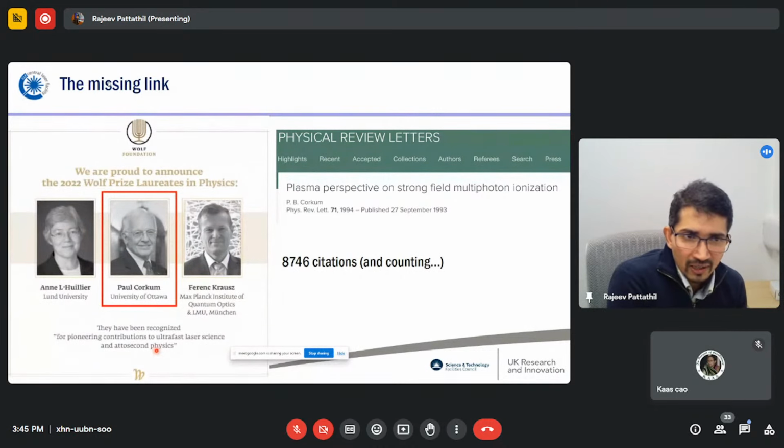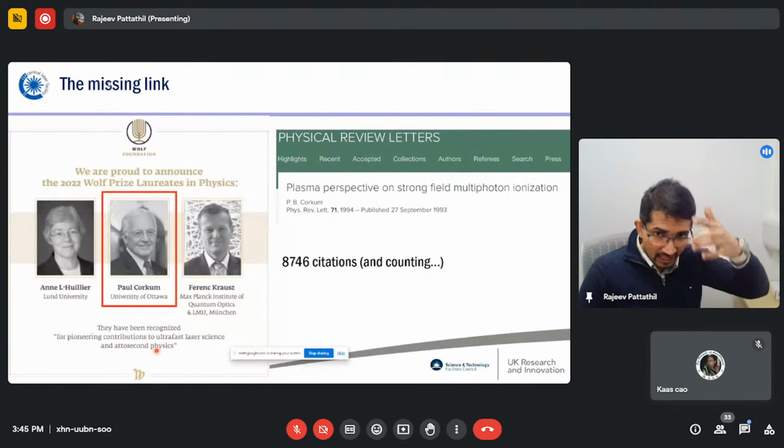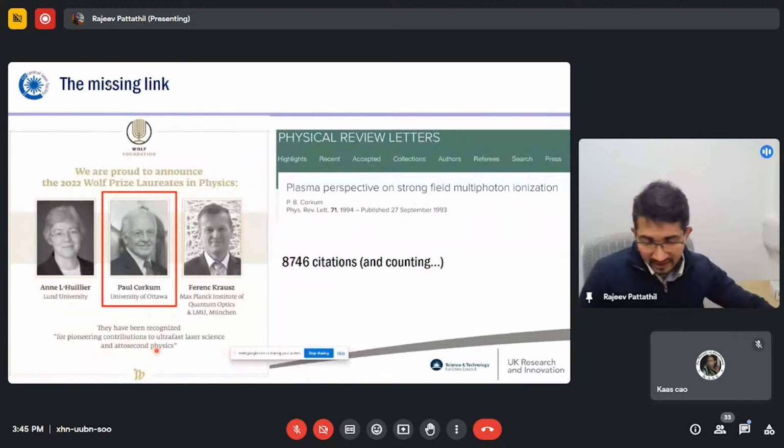Without what Paul provided back in 1993, the whole field may not have evolved the same way. The impact of his work has been enormous. That single paper is a single-author Physical Review Letters paper with nearly 9,000 citations, and every year it gets at least a few hundred more. It's one of the most cited papers in this field.